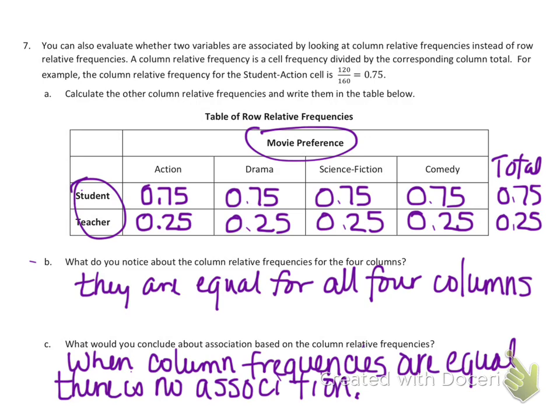And that is what we would expect if there were no association. We would expect that these column frequencies would match up all the way across. Okay, I hope that's clear. And think about it a little bit more if you need to.